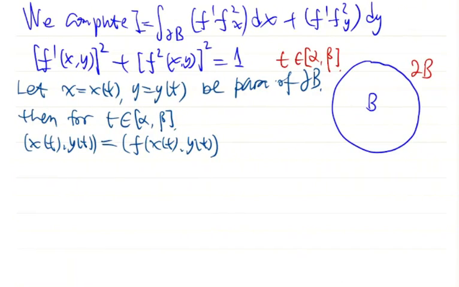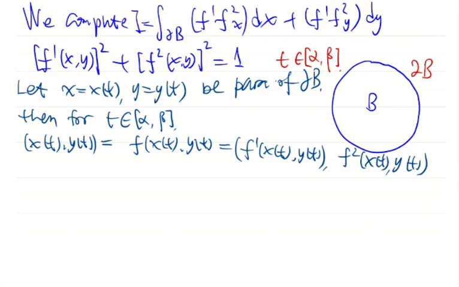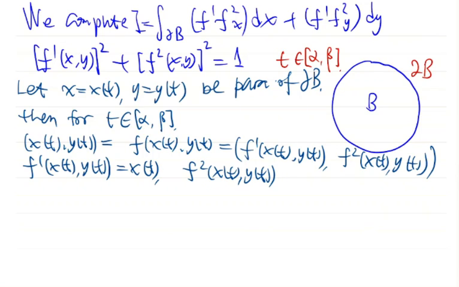Since (x(t), y(t)) is a point on the boundary, f(x(t), y(t)) equals (x(t), y(t)). Now the components of f are f1 and f2, so this means f1(x(t), y(t)) is x(t) and f2(x(t), y(t)) is y(t).